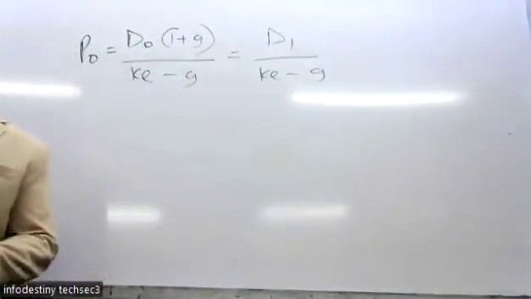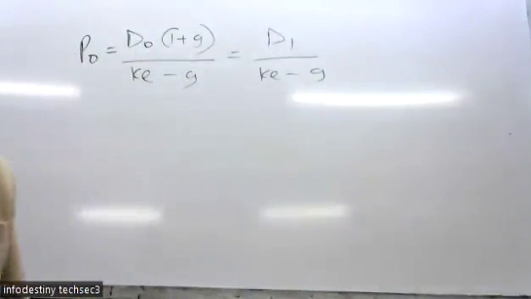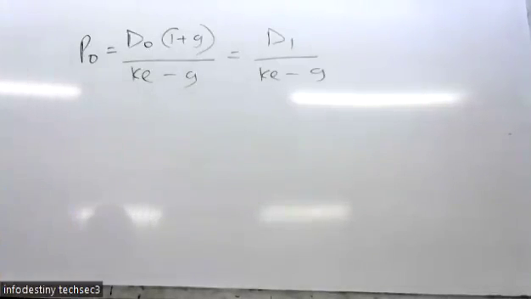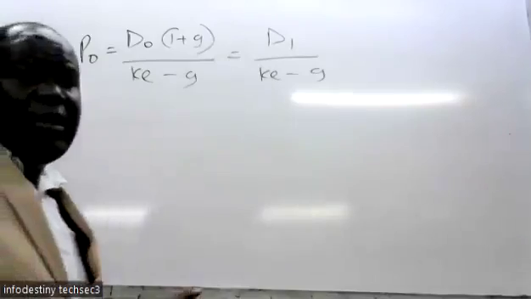Now P0 refers to the current market price per share, the current value of the share.